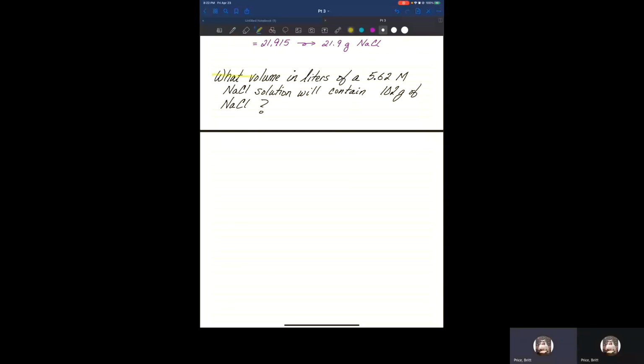All right, so what volume in liters of a 5.62 molar solution will contain 102 grams of NaCl. Once again, grams of NaCl, molar mass.